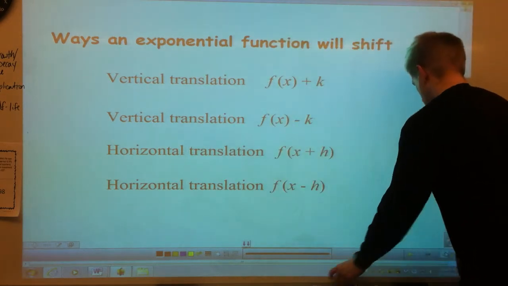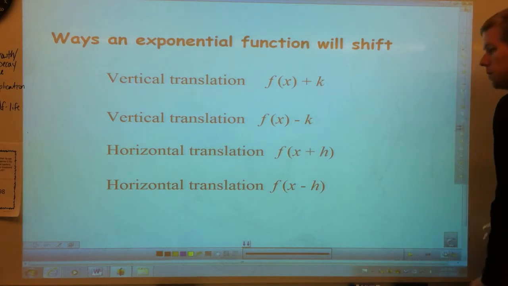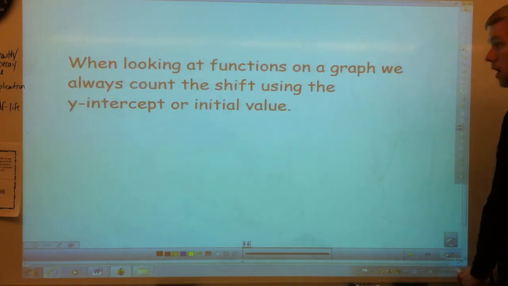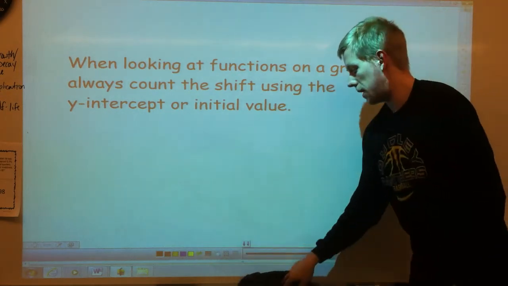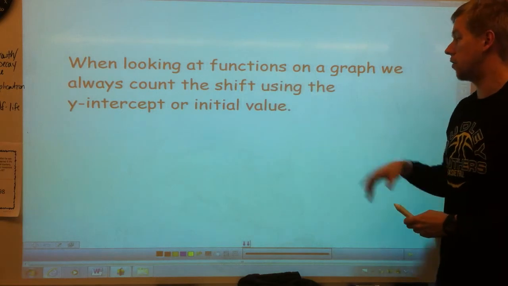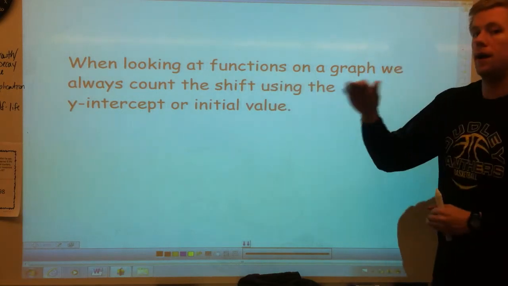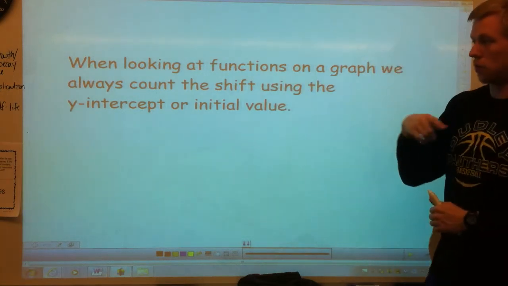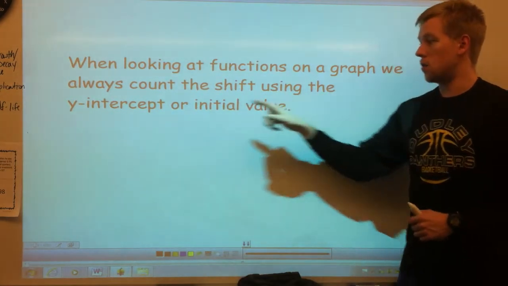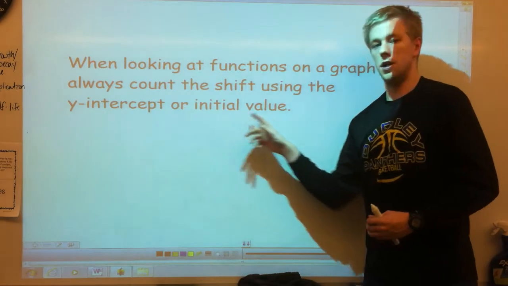Alright, the next part. Take a little bit more notes. This is talking about the actual graph. When looking at functions on a graph, on the x, y axis, the coordinate plane, we always count the shift starting from the y-intercept, or initial value.